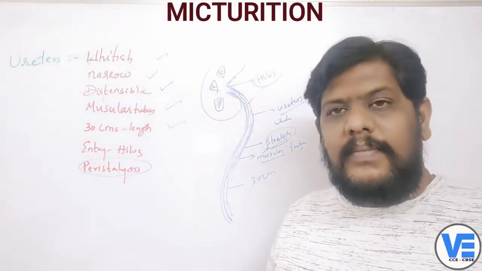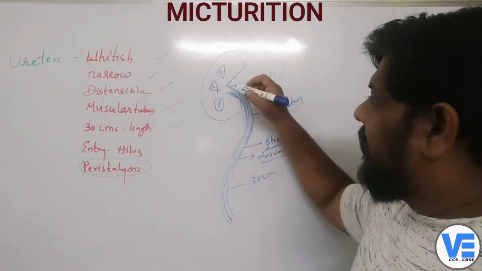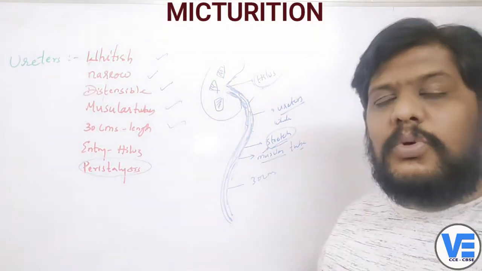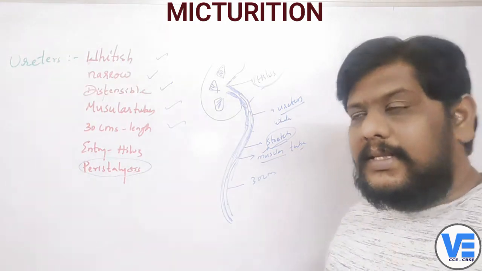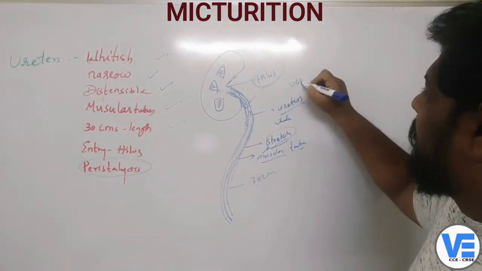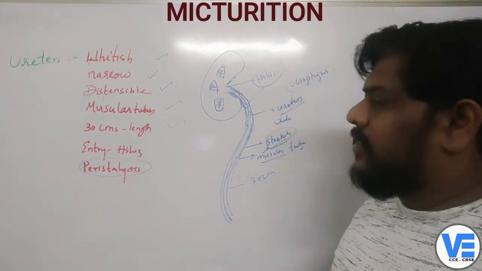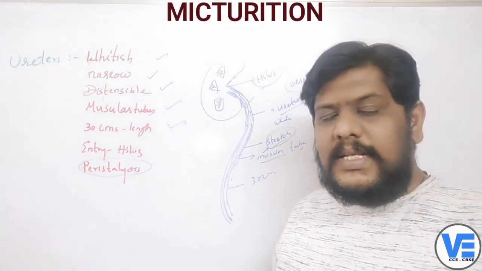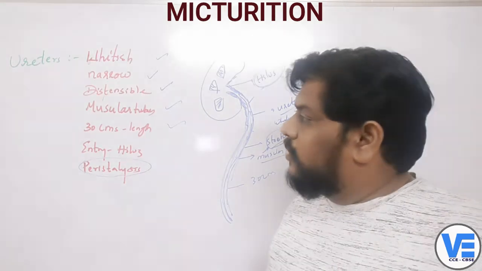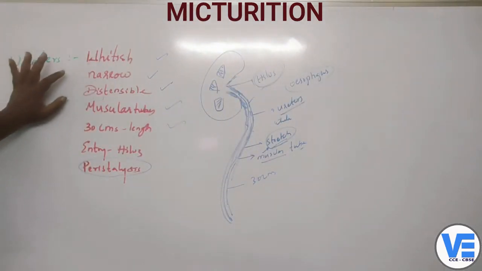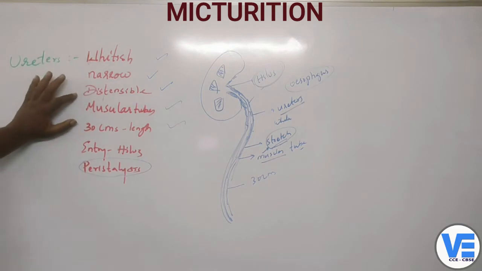The urine which is formed in the kidney will come out in the form of peristalsis movement, and this peristalsis movement we basically see in the esophagus. So these are the points of the ureters. They are whitish in color, they are narrow, they are distensible, they are able to stretch, they are muscular tube-like structures.